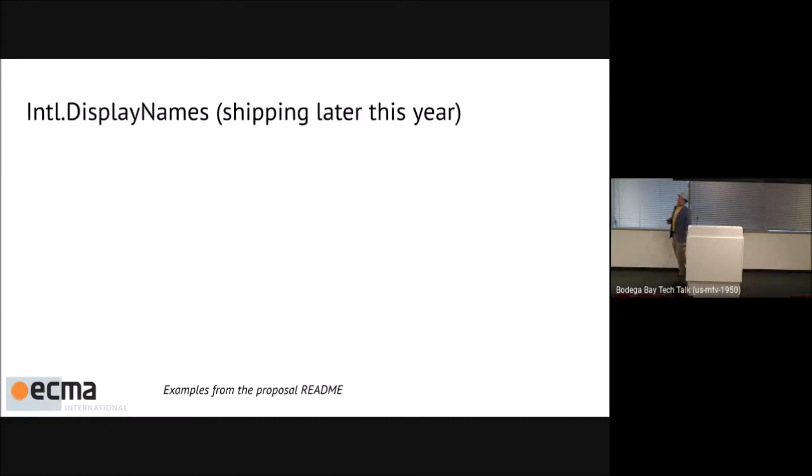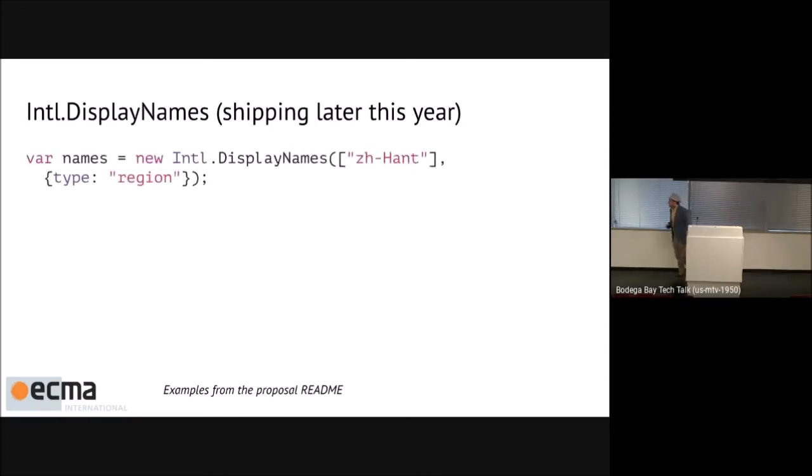And another one, this is the one that's still earliest, an active proposal. So this is not yet implemented, but it should be shipping later this year. It's Intl.DisplayNames. This basically lets you take the browser, at least Chrome, is already built with a lot of locale data for how you display lots of different types of entities: month names, day names, currencies, units, and many other types of things that you might want to say, like the name of the week, Monday, and you might want to localize that string.